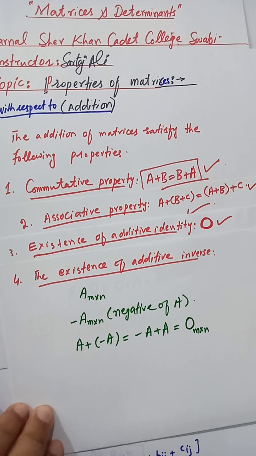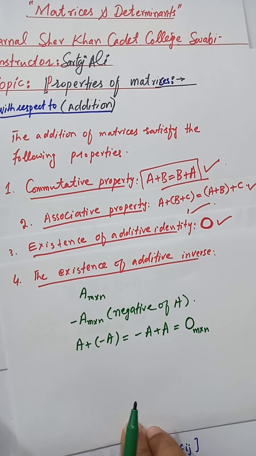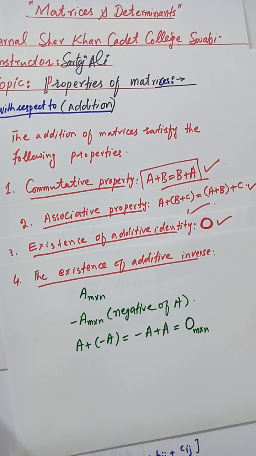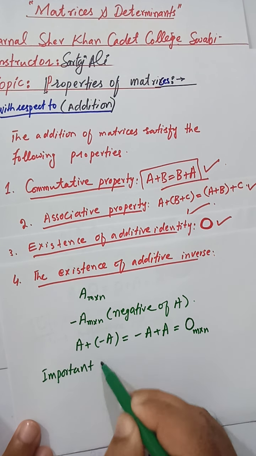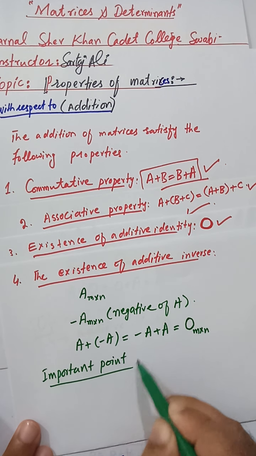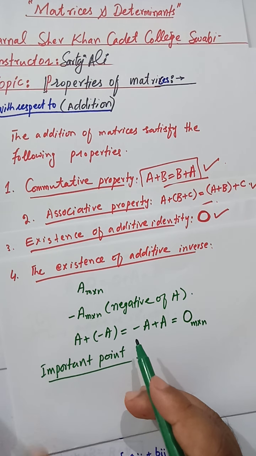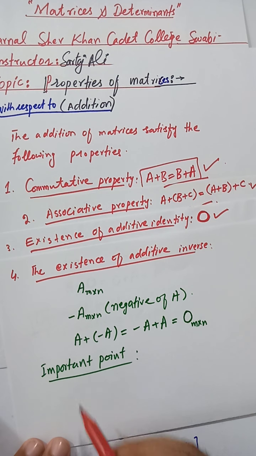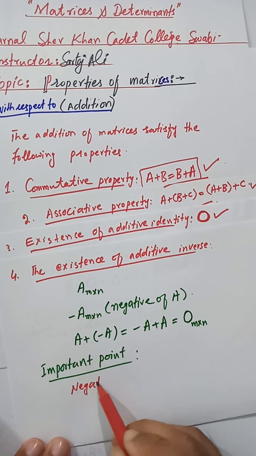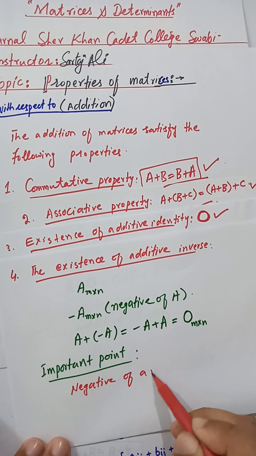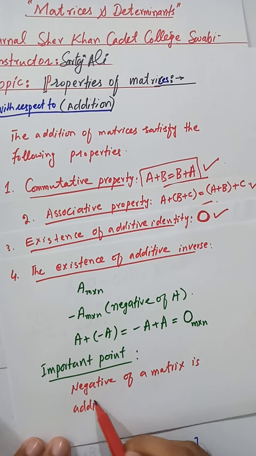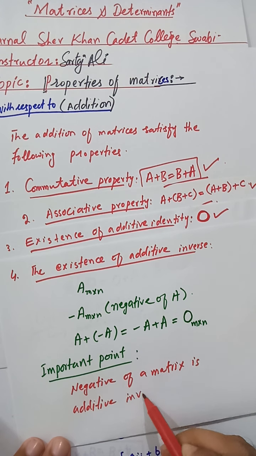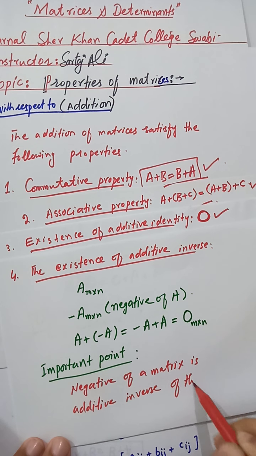So remember that the negative of a matrix is actually the additive inverse of that matrix. This is an important point which we conclude from the existence of additive inverses.